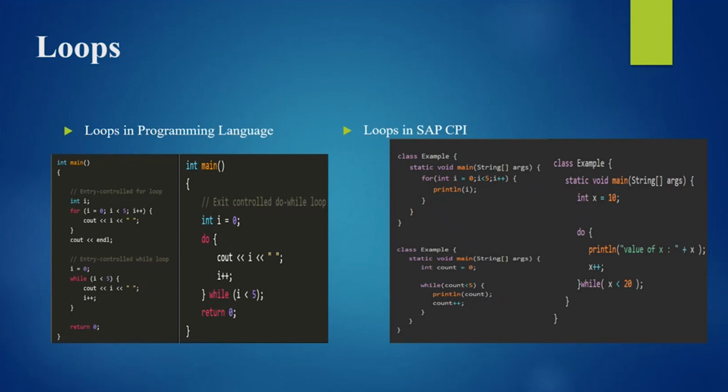But in other loops, it does not happen, because there is a piece of code that has to run before the condition statement comes. So that's the reason you will get an output in case of do while loop.